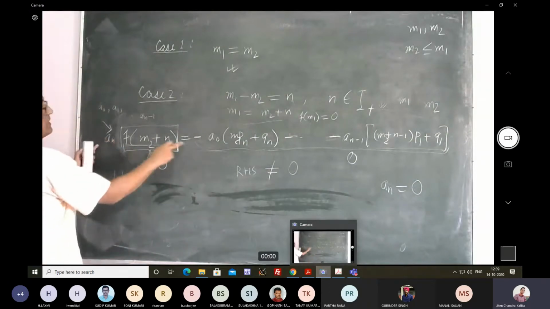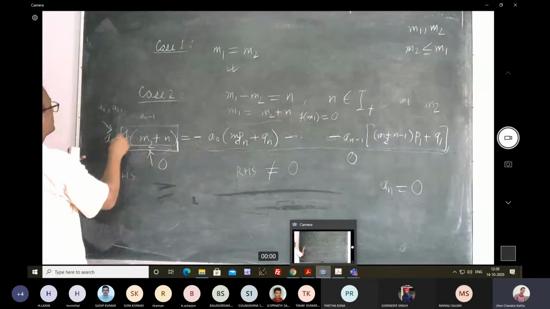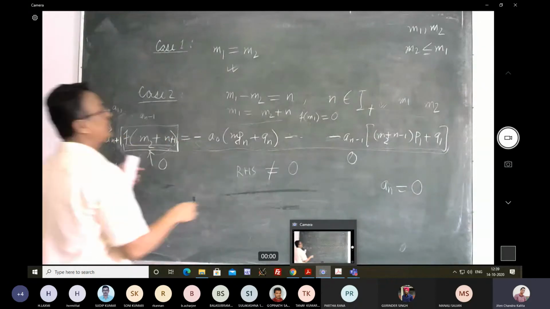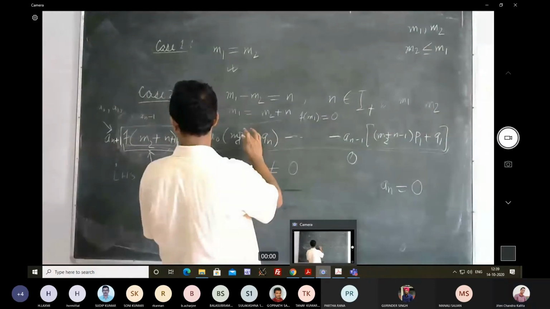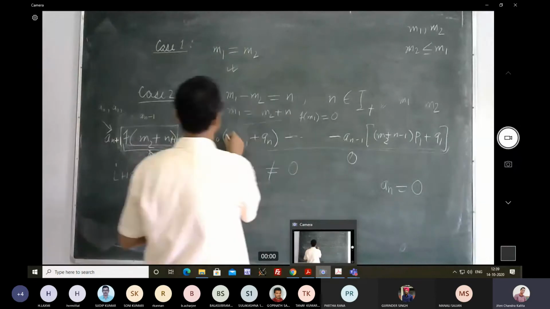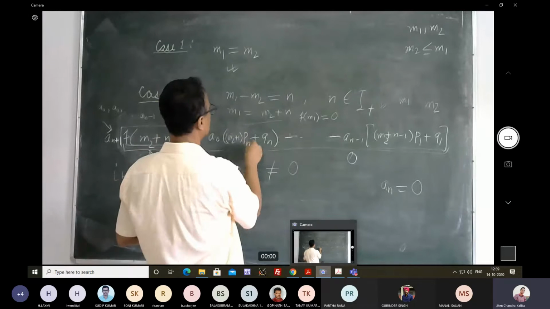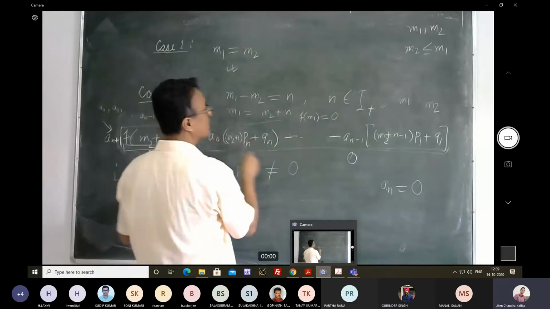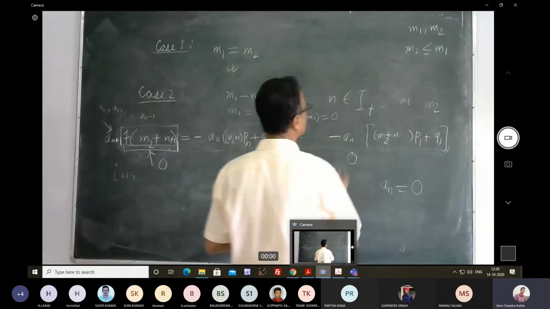Now, next term here, if I go on finding the recurrence formula, my next, it would have been something like this, isn't it? It is going to be something like that, and eventually something like this.